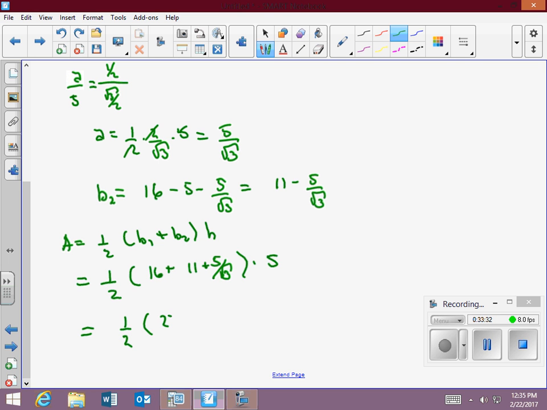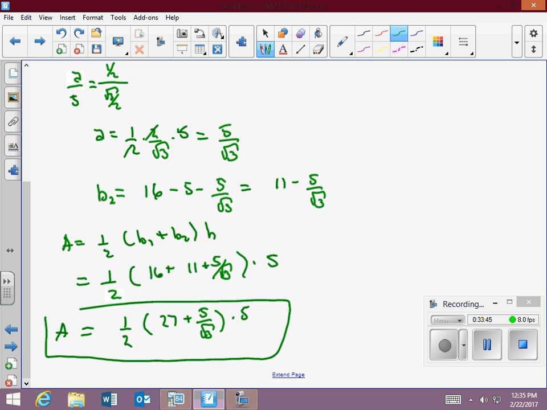So this is 27 plus 5 square root of 3 times 5. That would be what the area would be in exact number form. I guess if you wanted to round, we could round it off by putting it in the calculator.